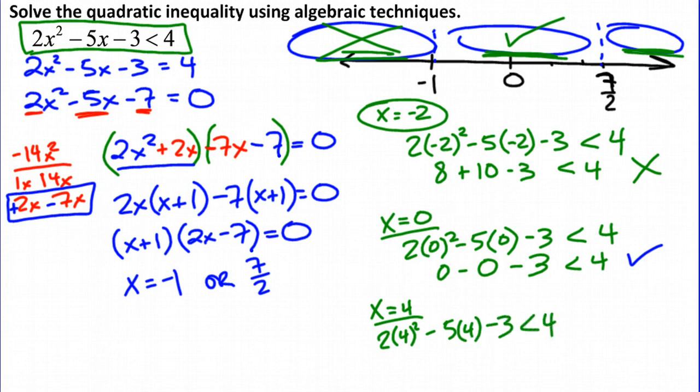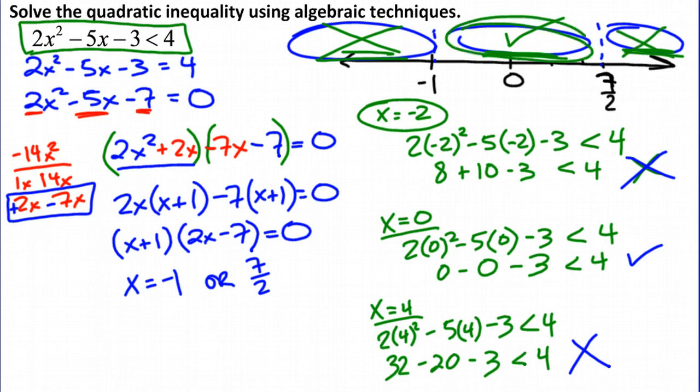So we've got 2 times 16, which is 32, minus 20, minus 3. And we want to know if that's less than 4. Well, that actually works out to be, I believe, 9. 32 minus 20 is 12, minus 3 is 9. And that is not less than 4. So we know that these two sections here do not work, but this one in the middle certainly does work.